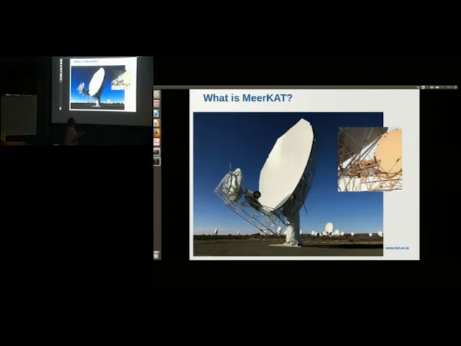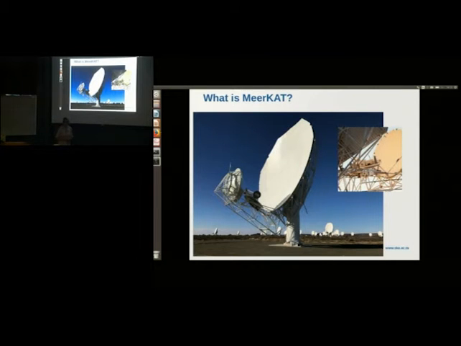That analog signal gets sent over a coaxial cable to the digitizer, which is the unit responsible for converting that RF signal into a digital signal. The pointing accuracy of MeerKAT is 25 arc seconds, and the base pointing accuracy is 5 arc seconds.